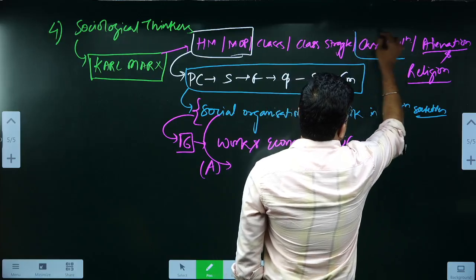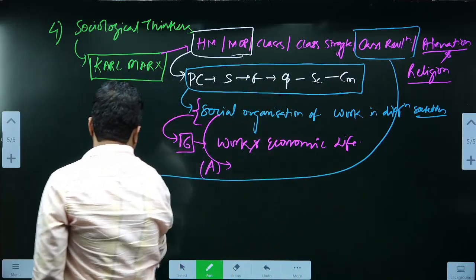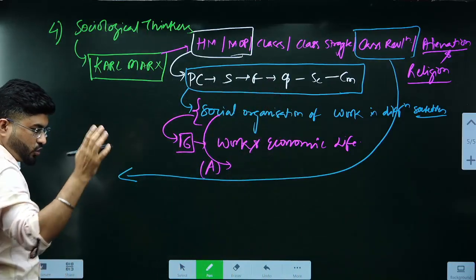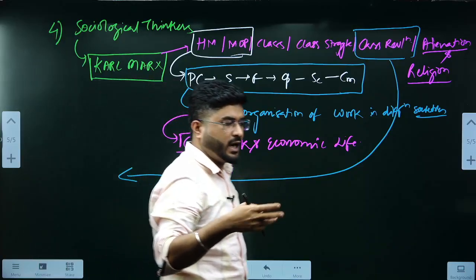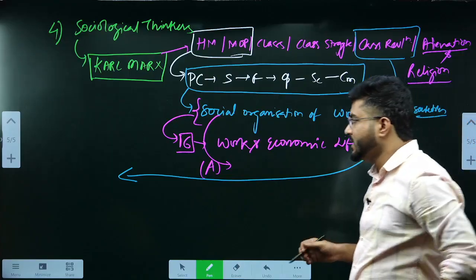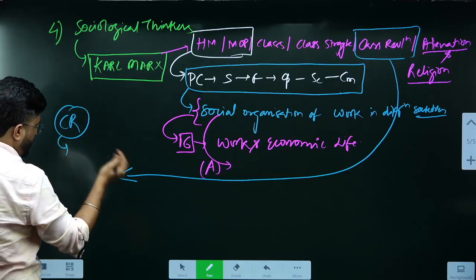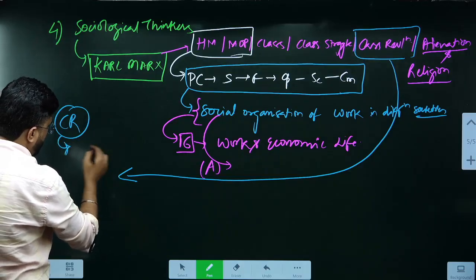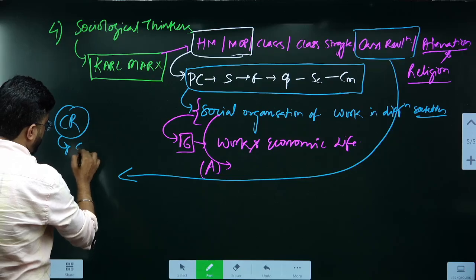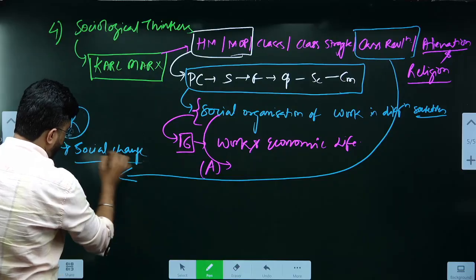class revolution, Karl Marx's class revolution is nothing but how two classes in society will be antagonistic with each other and how it will lead to the change of society. So what is this class revolution symbolic of? It is symbolic of change of society, social change basically.